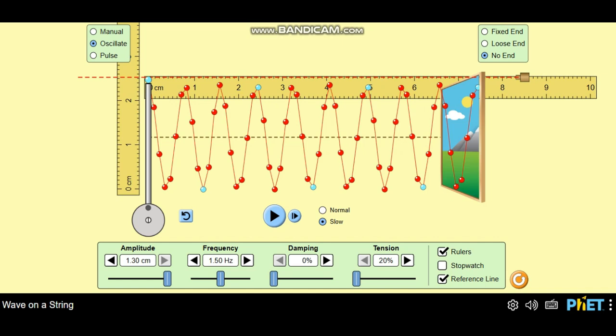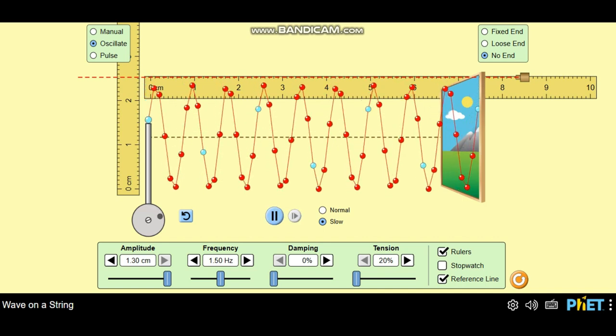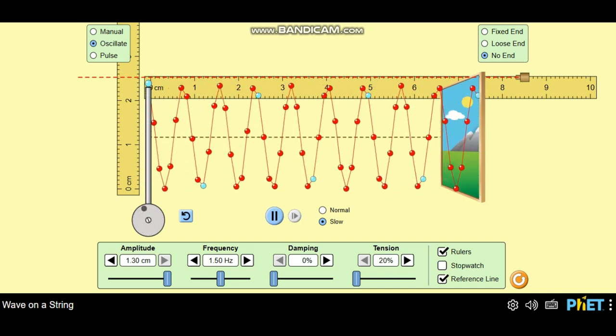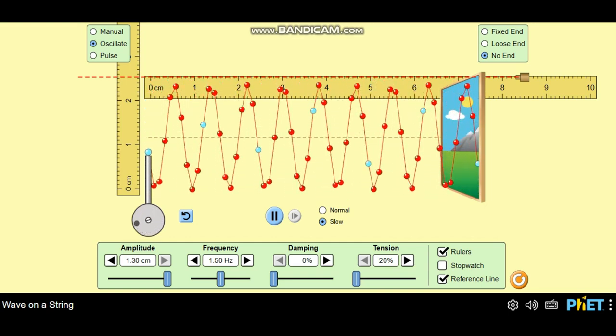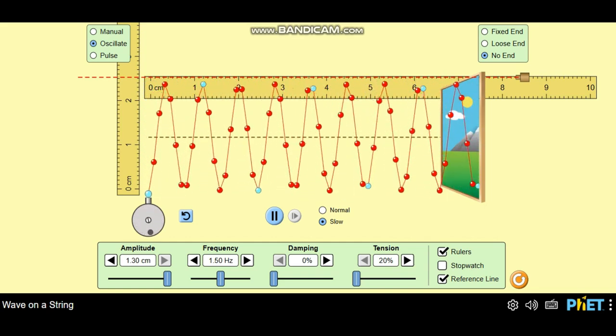You see the steady pattern, the amplitude height is 1.20, and frequency and damping are steady.